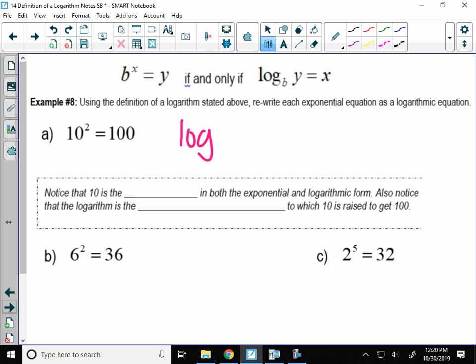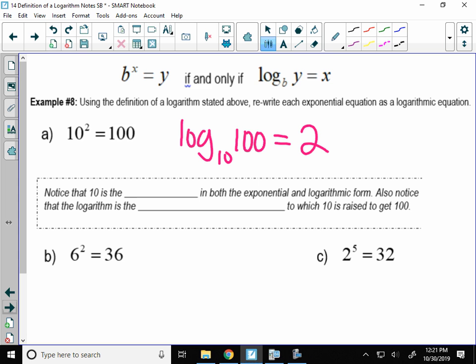Now, this one has numbers, so it doesn't have x and y's to follow. We take the base. What's the base of the exponential? 10. So log base 10. Now it says of y. If I look over here at the definition, y is what you're equal to. What's the y in this number? 100. So log base 10 of 100 equals x here. X is the exponent up there. What's the exponent? 2. That would be the logarithmic form of that expression.